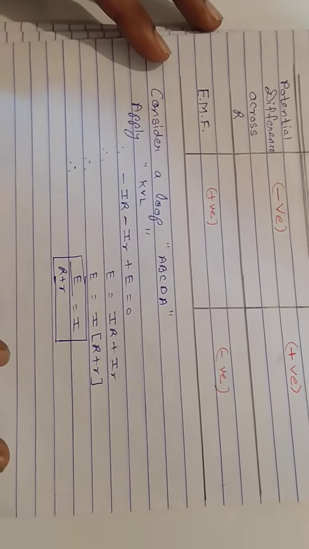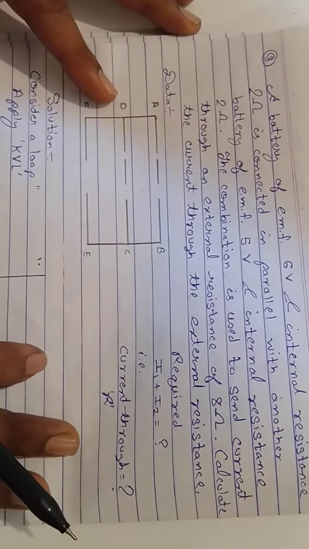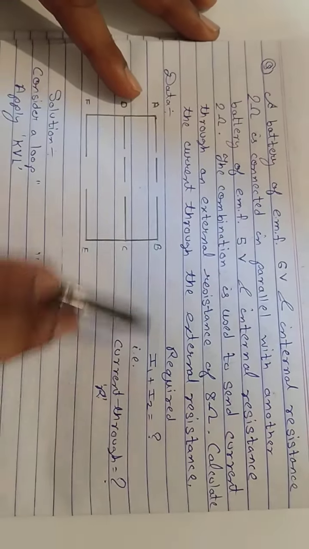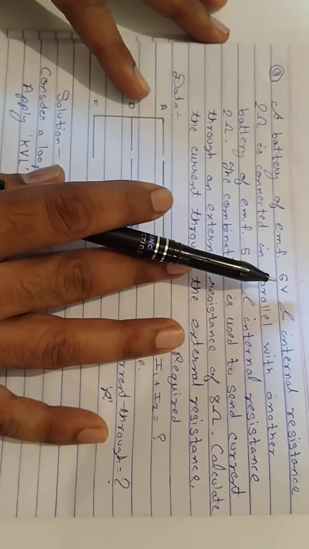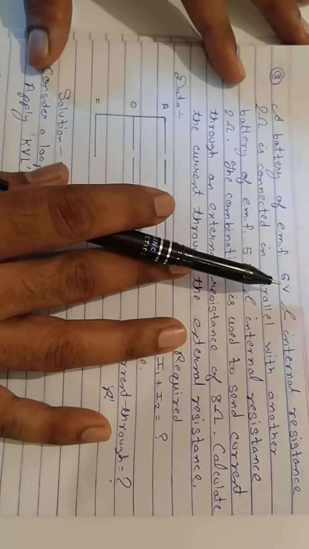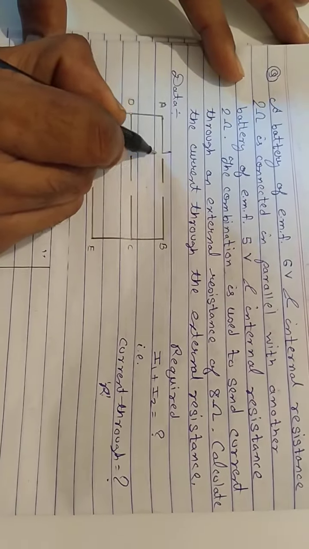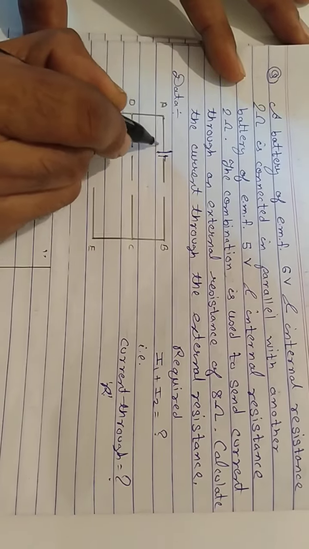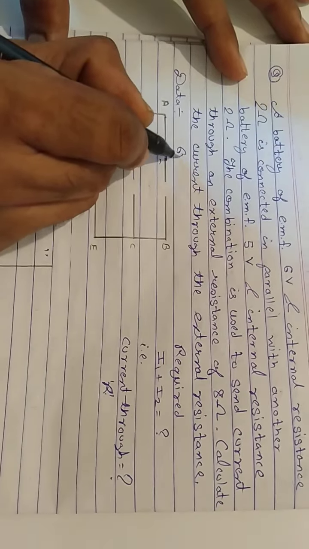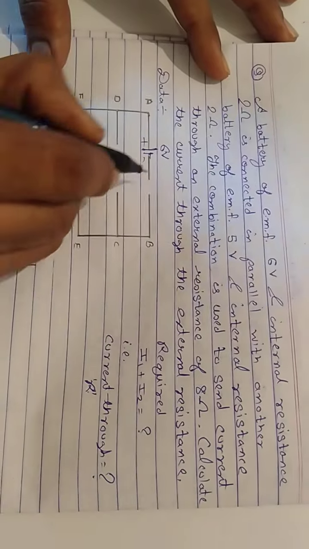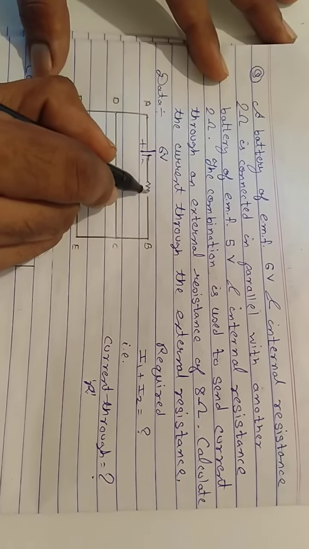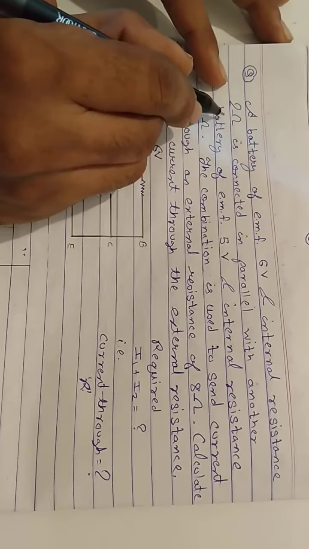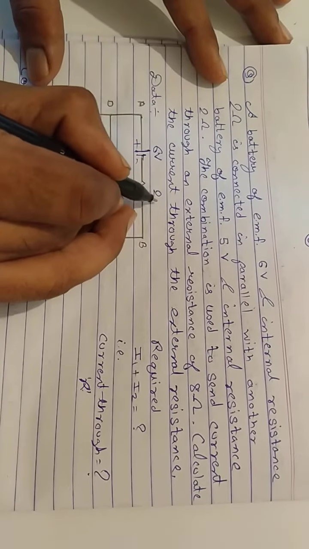Students, now let us solve one numerical. Let me read the numerical. A battery of EMF 6 volt. So this is a battery, plus minus, 6 volt. And internal resistance. Every battery has a small internal resistance. What is the value of the internal resistance? 2 ohm.